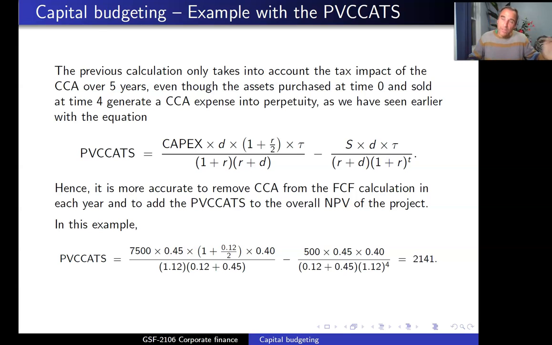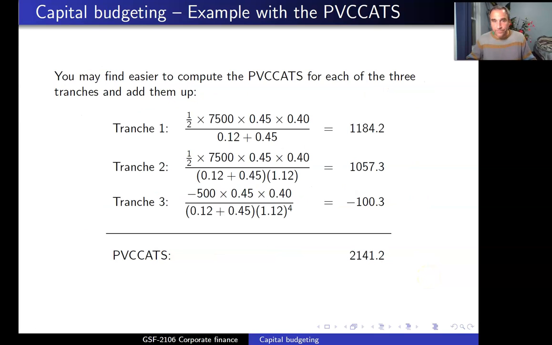And instead, we will compute the value of depreciation as of time 0 using this formula here. So in our example, the full present value of the CCA tax shield is $2,141.